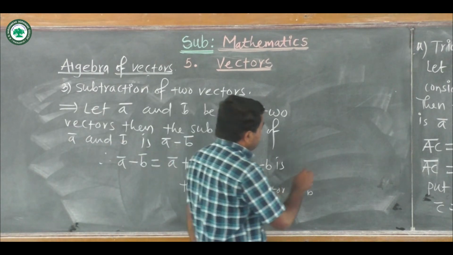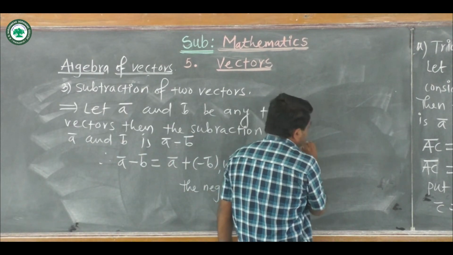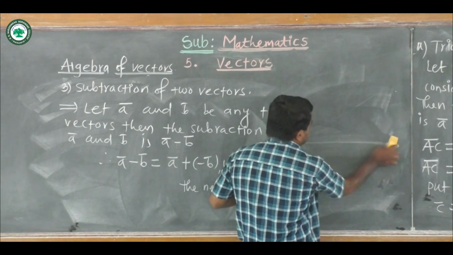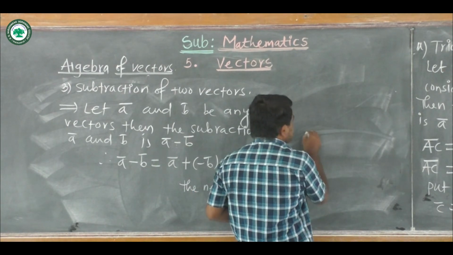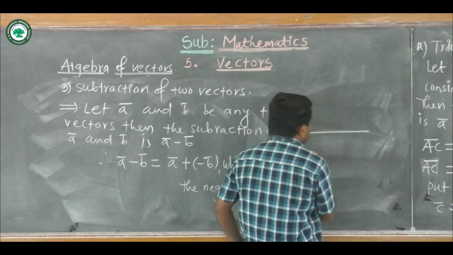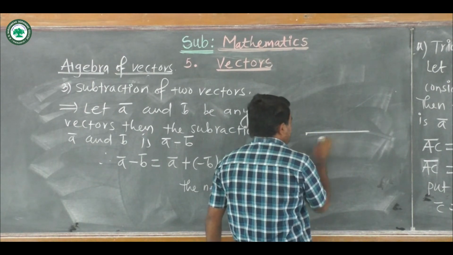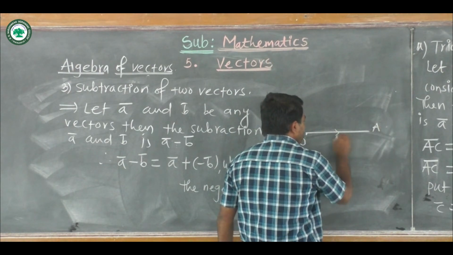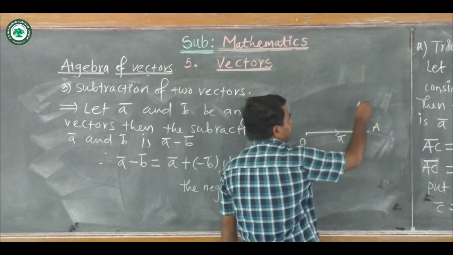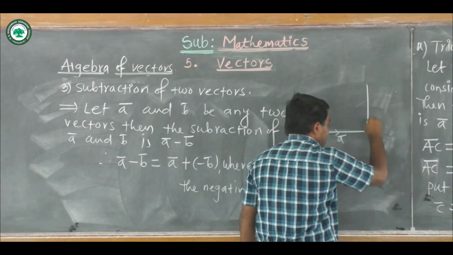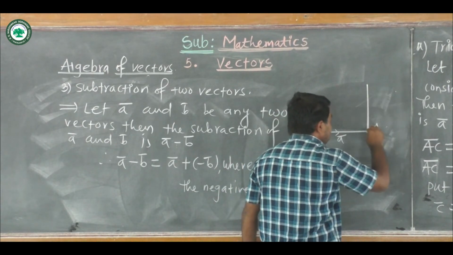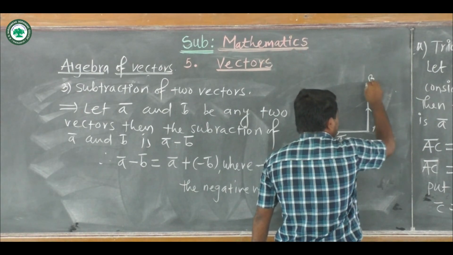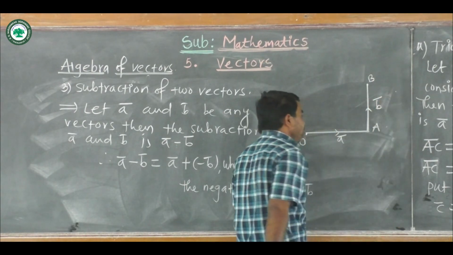Geometrically, see here, if this is OA, along the OA we have a vector A bar, and we have another vector AB bar, and along AB bar we have B bar.